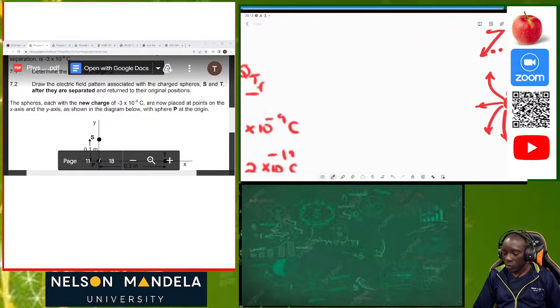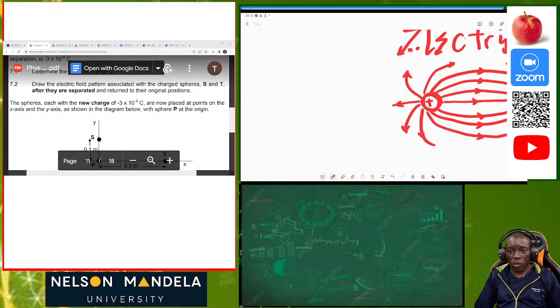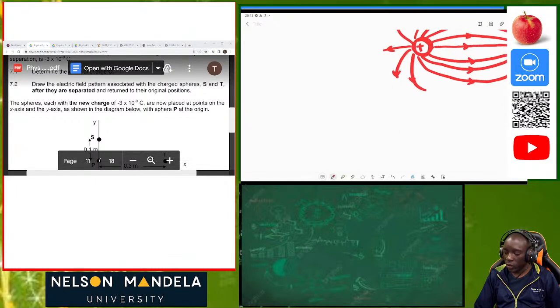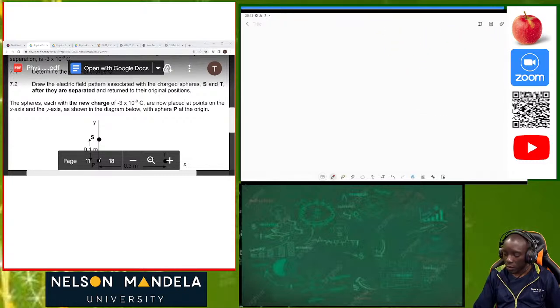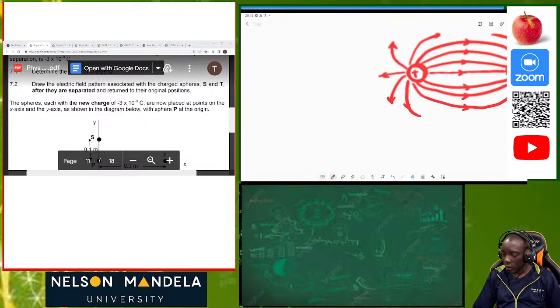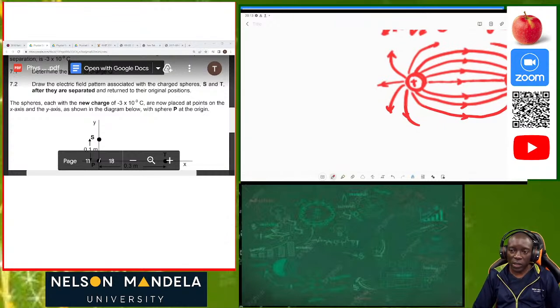So the field between the two spheres S and T, which have a charge of -3 each, should be such that the field lines, take note of these points, never cross each other, and the field lines should touch the spheres.